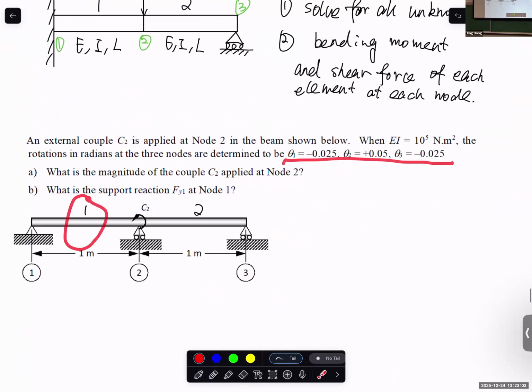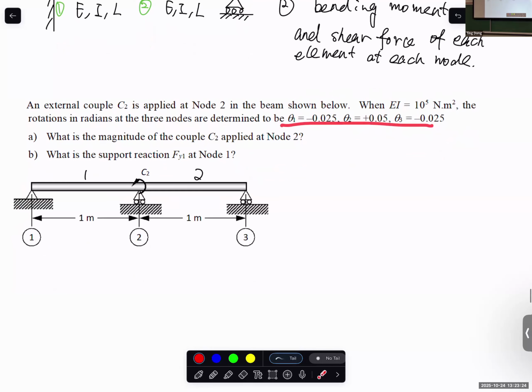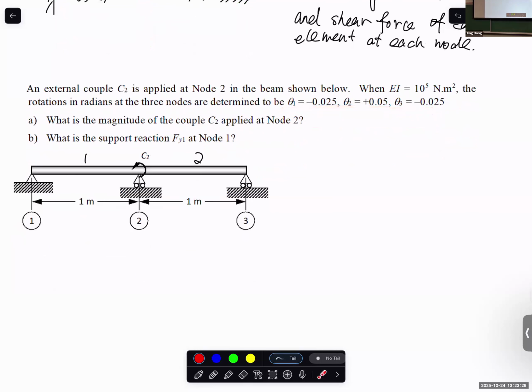So element 1, element 2, you have the K for element 1, element 2, and all the degree of freedom deflection for each node, they are fixed because we have the pin joint, vertical support, and roll support. So based on this one, you can calculate the couple applied at each node.